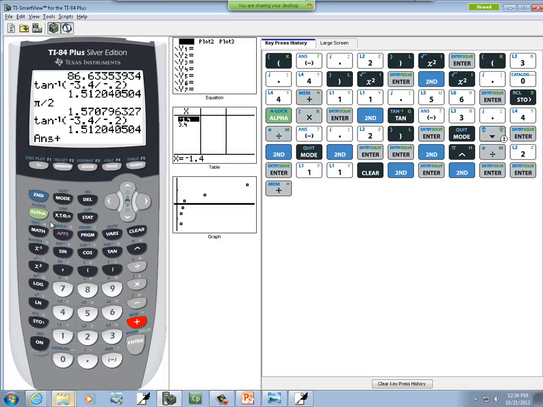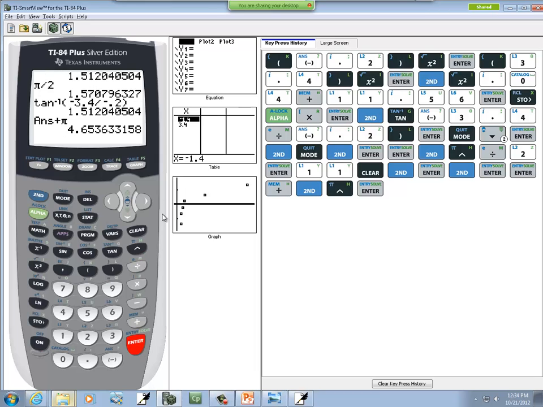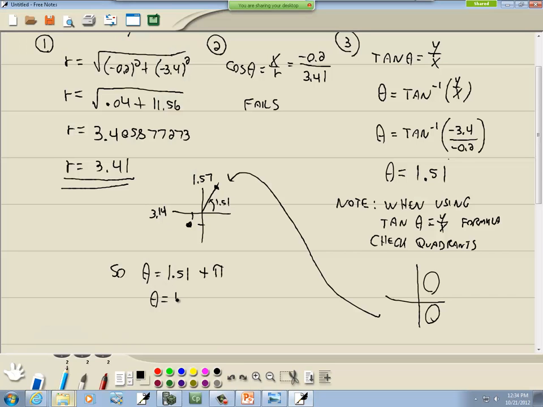So I do plus second caret for pi, enter. And we get 4.65. Now 4.65 is in the appropriate quadrant. So our answer is r, which is 3.41, and theta, which is 4.65, and that's in radians.